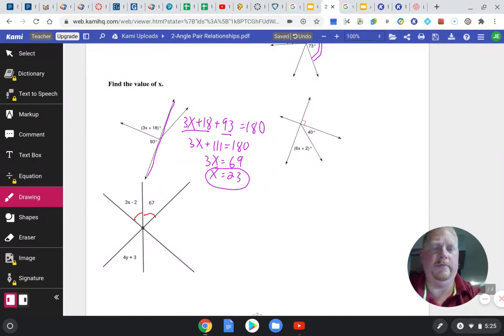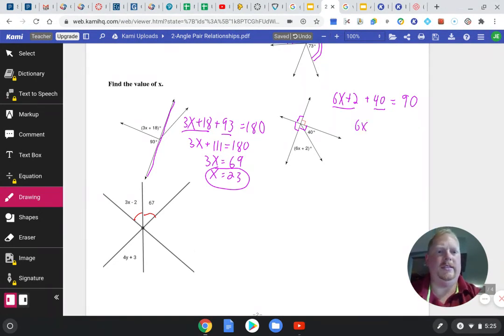Next example. I see that red box that tells me that that angle is 90 degrees, which means that angle is 90 degrees, that angle is 90 degrees, but most importantly, this angle right here is 90 degrees. So I know that these two angles add up to 90. 6x plus 2 from one angle plus the 40 degrees over here equals a grand total of 90 degrees.